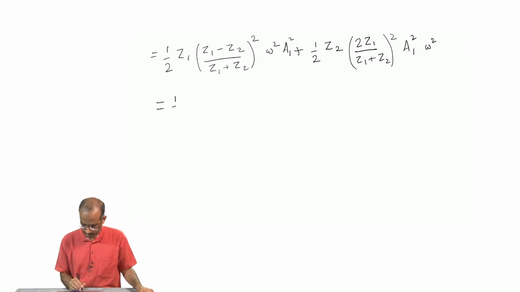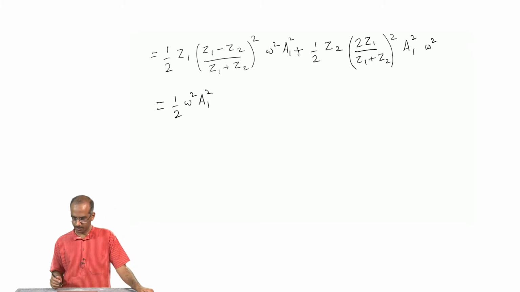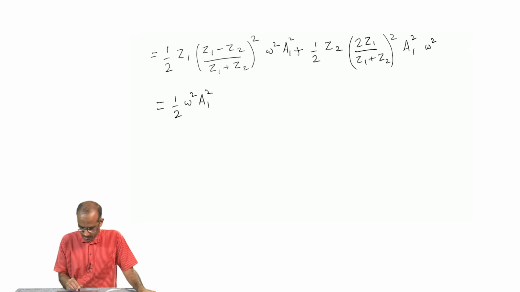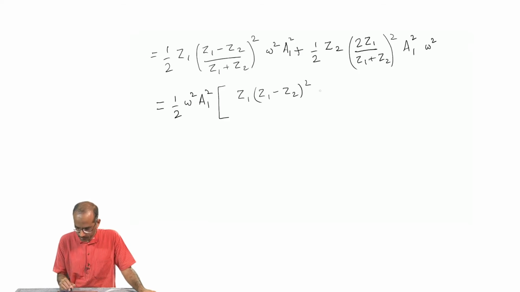This is going to give me half omega square A1 square, that is common, which I can take out, and I will be left with Z1 into Z1 minus Z2 whole square plus Z2 into 4 Z1 square, whole divided by Z1 plus Z2 whole square.